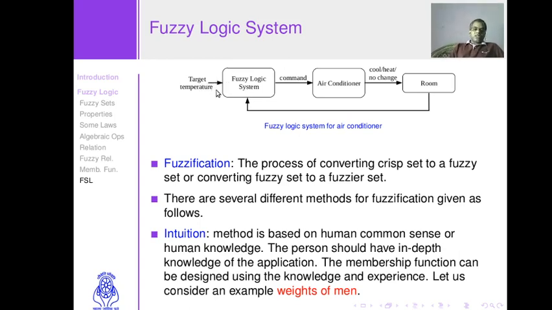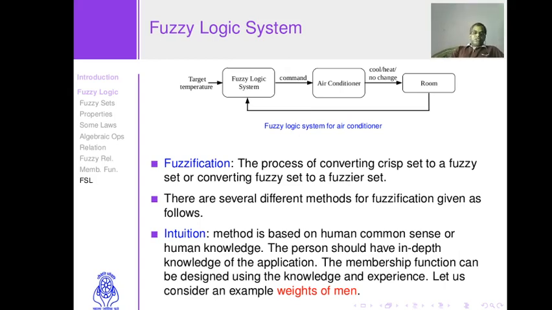Here this is the input, and the room temperature value could be a crisp value. We have to maintain room temperature at 30 degrees C or 25 degrees C, whatever. So that value is a crisp value, and that is provided as the target temperature to the fuzzy logic system.